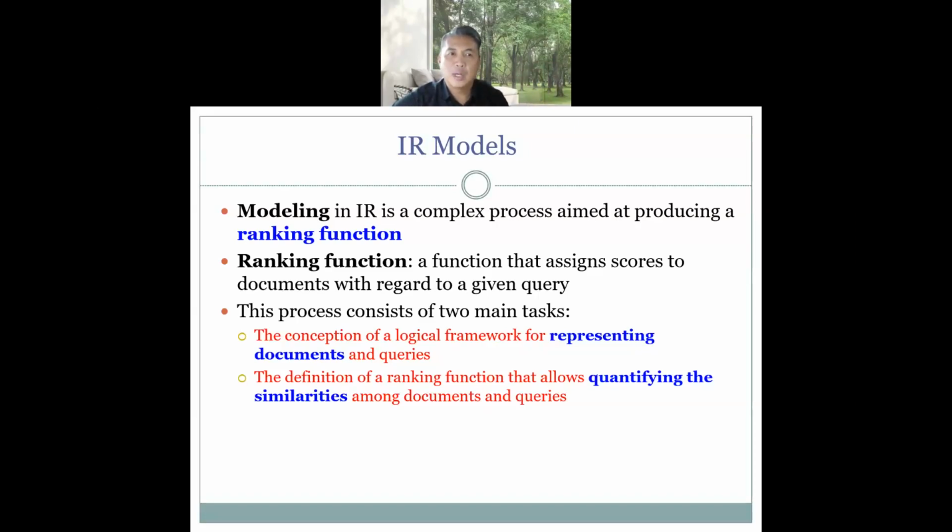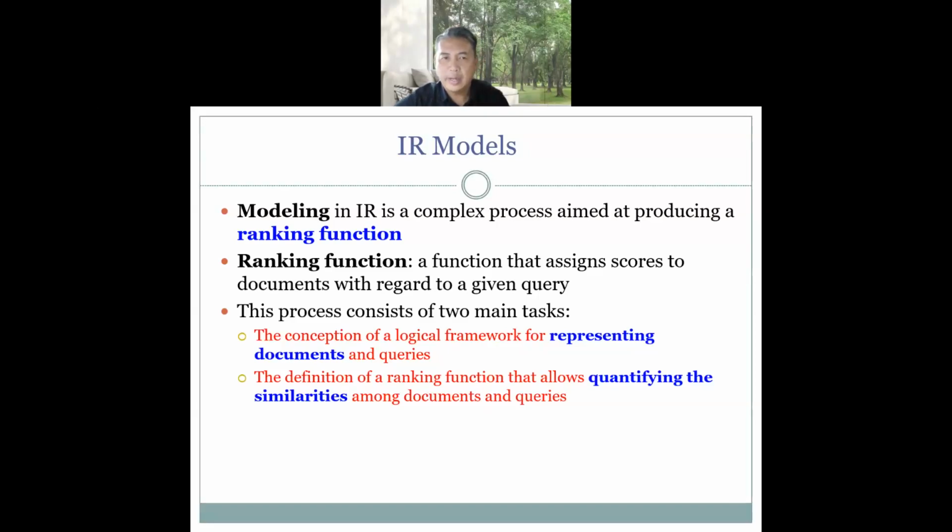So we should be able to create a logical framework to represent this document so that the system knows, okay, I have this query. How do I compare it with the documents I have in my storage? So we need to have this conception of a logical framework for representing documents and queries.